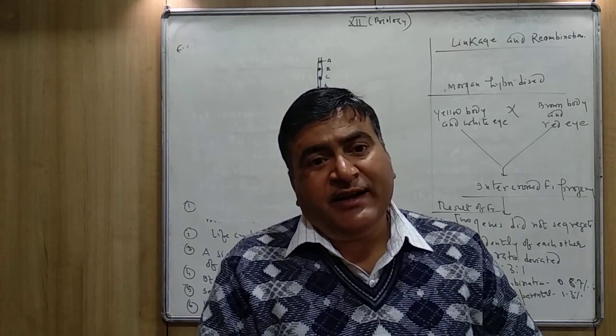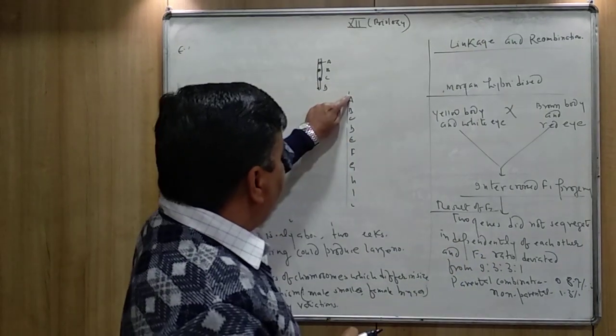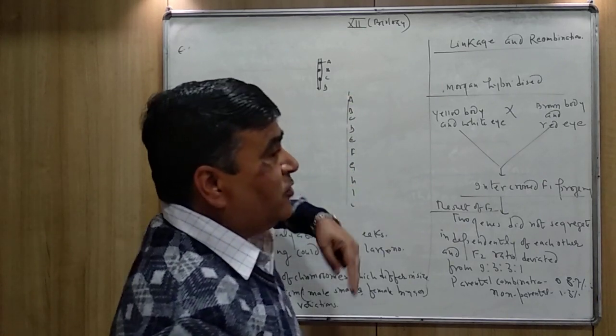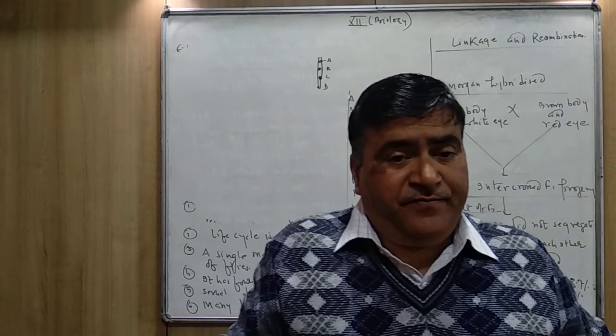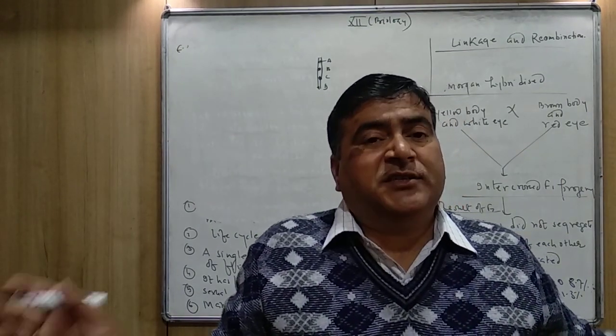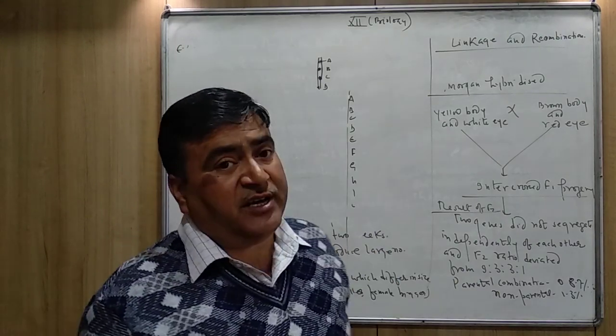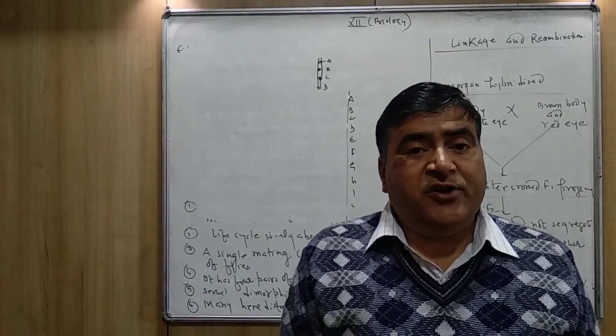And what are non-linked genes? Suppose A and G or I, the location of the genes is so far. Or if some of the genes are located on different chromosomes, they are also called non-linked genes.